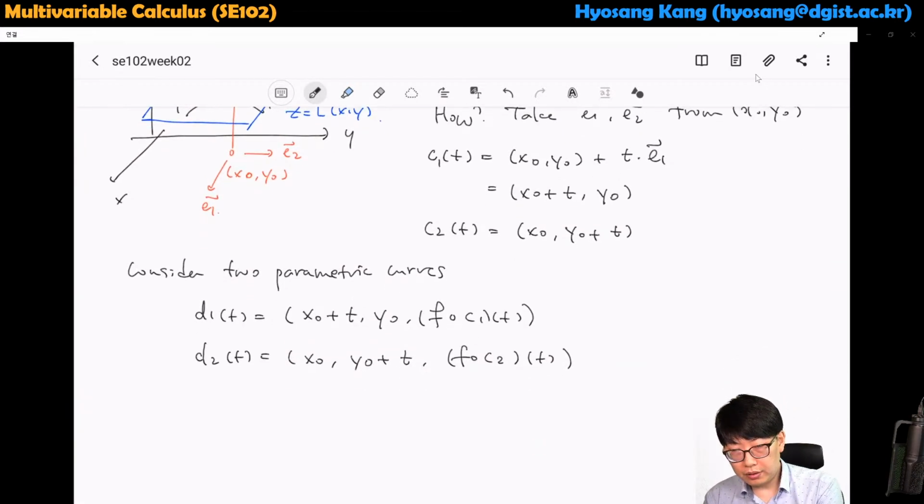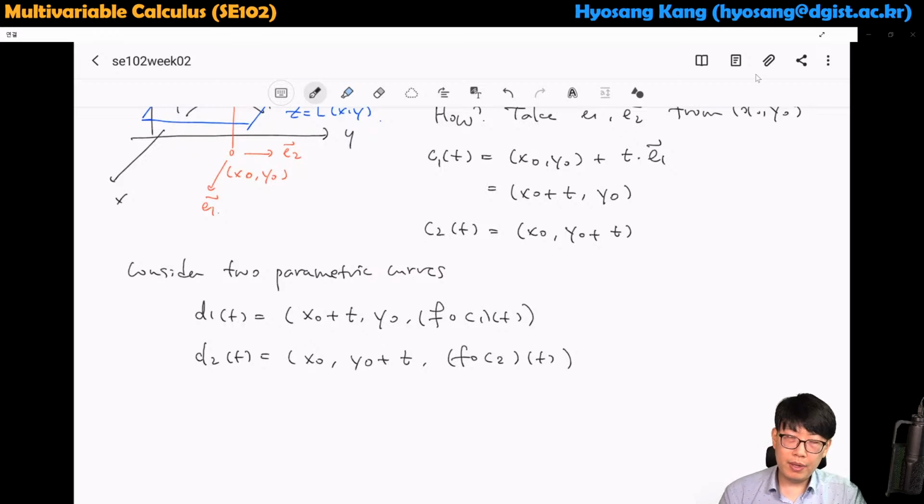Then I'm going to take a derivative of D1 and D2 at t equals 0. If you have a parametric curve in three-dimensional space and you take its derivative, you get the direction vector or velocity vector at that parameter t, right?